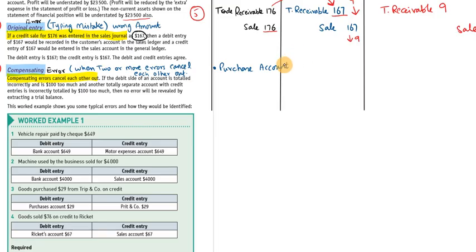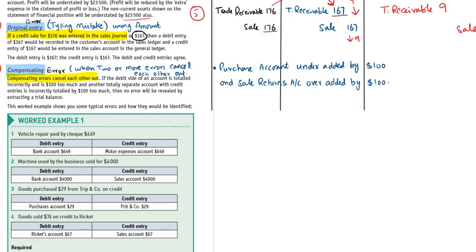Purchase account under added by $100, and sale returns, sale returns account over added by $100.